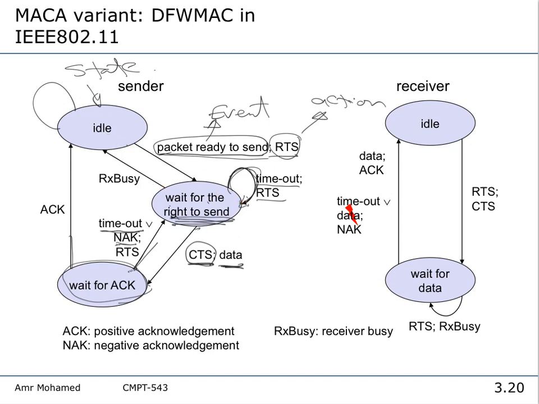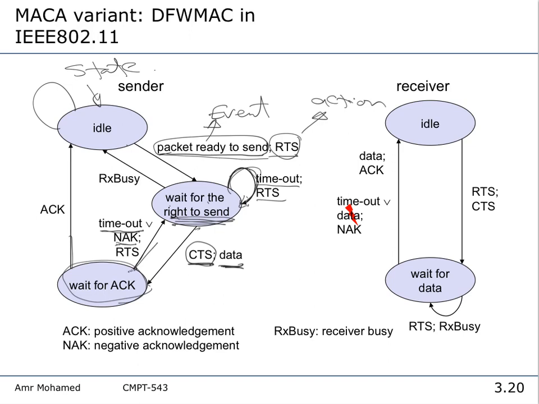So instead of going here and then going here, it's directly. Because you already have the packet in the buffer. You did not get rid of the packet because the packet is still there. So instead of going here and then you send an RTS, which will lead to the fact that you go here, you might as well go directly. So that's what this arrow means.